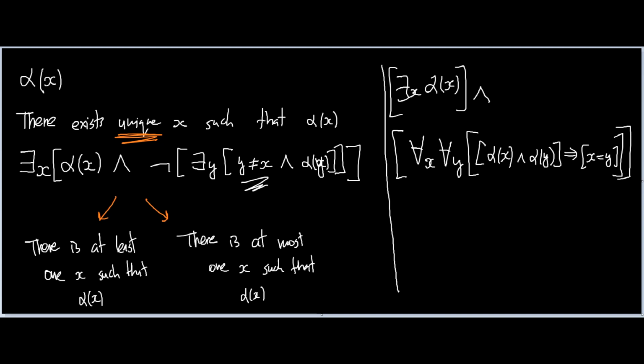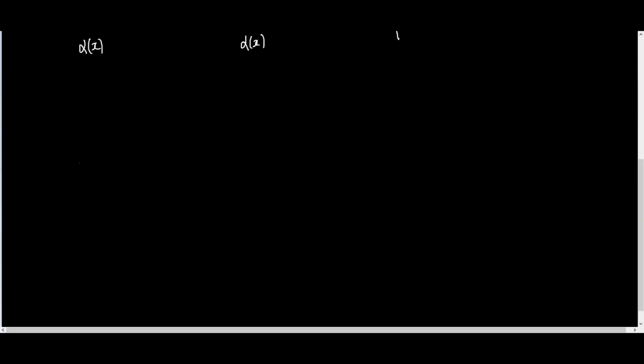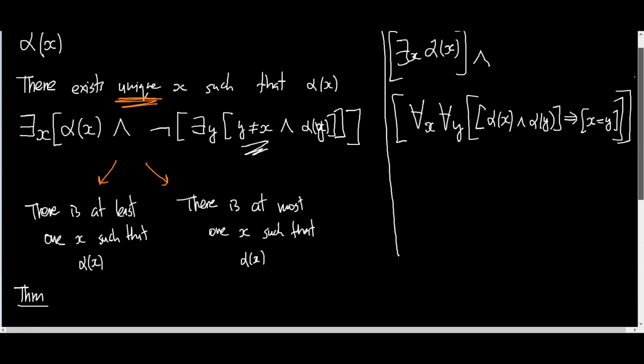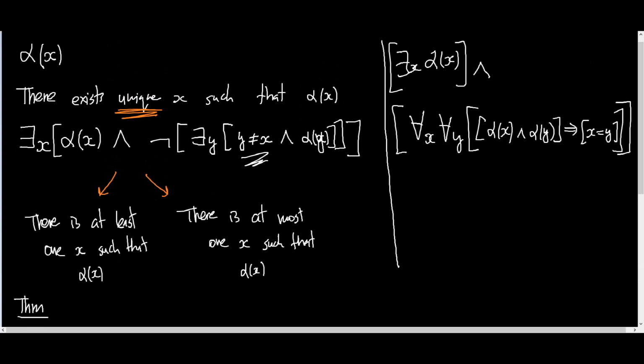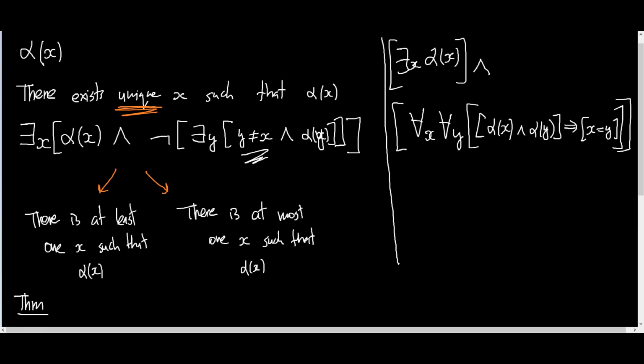And we're going to have something now quite long. We're going to formulate this as a theorem. So this theorem will tell us that this way of stating what we wanted to state and the other way of stating the same thing are actually equivalent to each other. And so how to formalize a theorem like that?